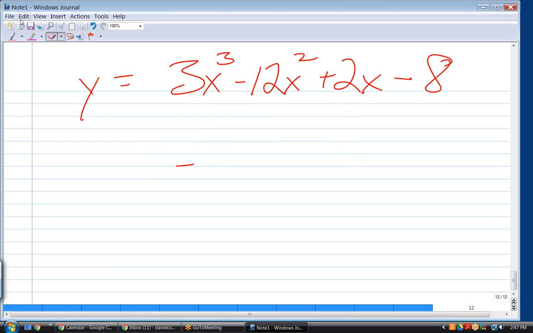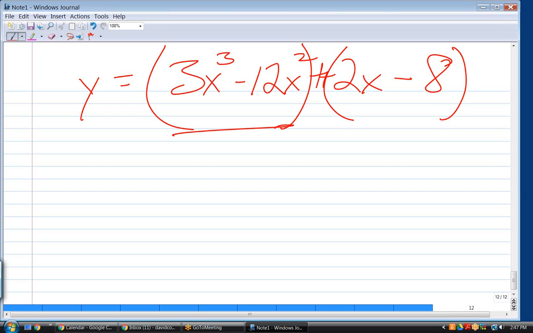And the way I do it is by separating those two terms and those two terms, making sure we leave that plus sign in front. In other words, I group it. Now, from this group, what can you factor out? What's the greatest common factor? 3x squared.